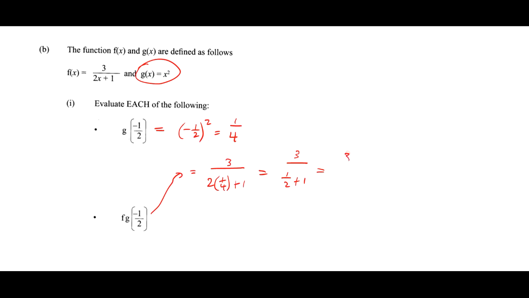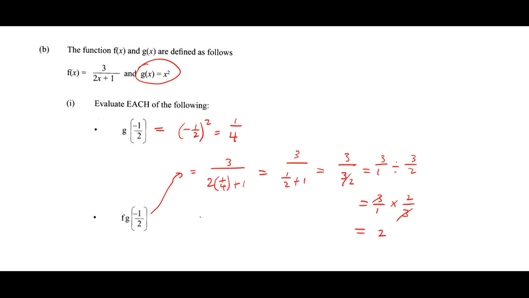This will give me 3 over 1.5, which is 3 over 3 over 2. Same as saying 3 over 1 divided by 3 over 2, which is equal to 3 over 1 multiplied by 2 over 3. The 3s will cancel, and we end up with 2.